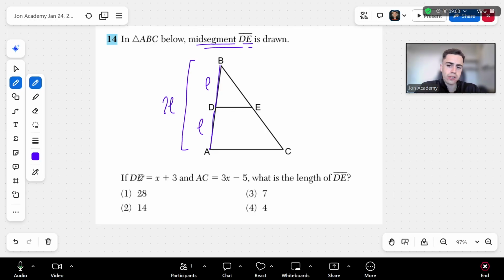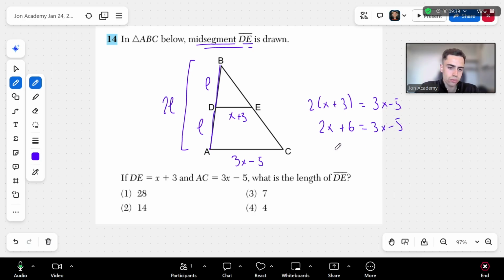So now they also gave us DE, which is x plus 3, and 3x minus 5. So we know that 3x minus 5 has to be double x plus 3 because it's the mid-segment, because of the similarity. Therefore, we could write that 2 times x plus 3 equals 3x minus 5. 2x plus 6 would be equal to 3x minus 5.